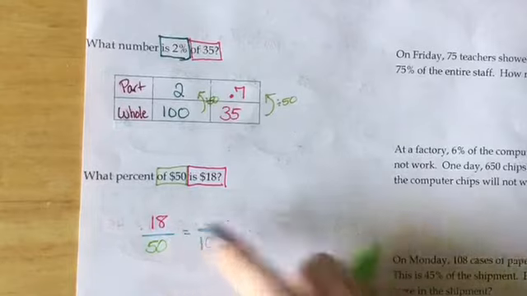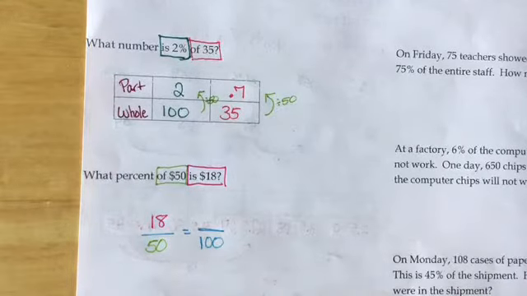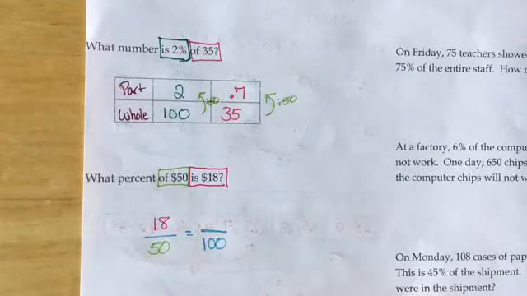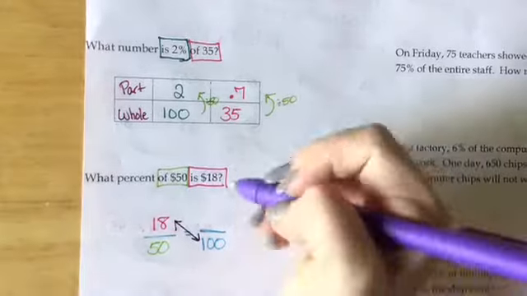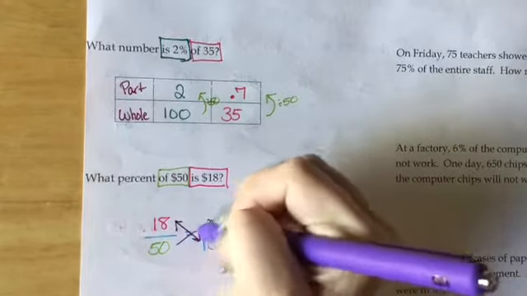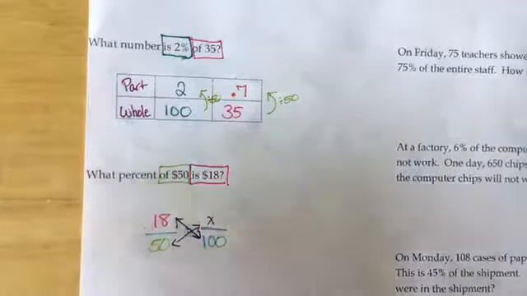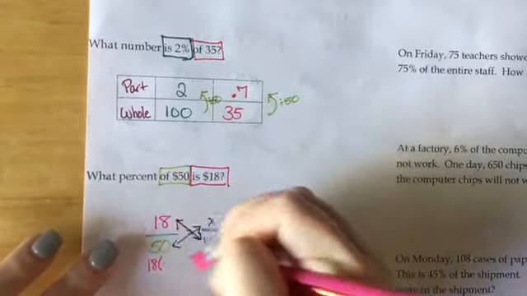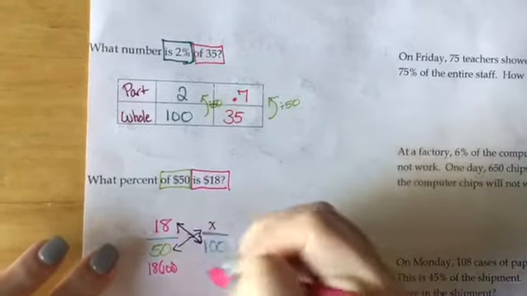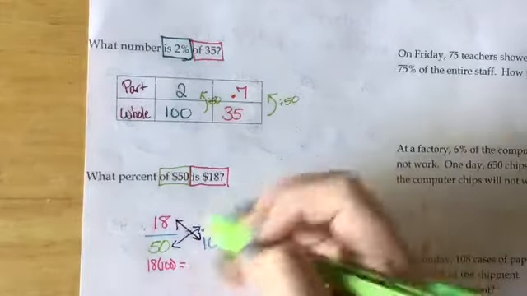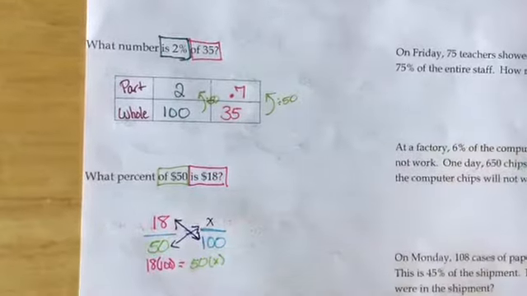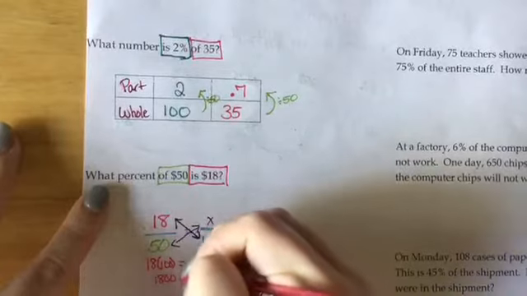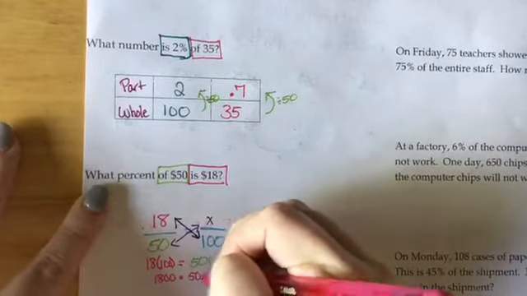I could have done this in the ratio table the same way, but in this one we're going to cross multiply. So I'm going to say 18 times 100, and we're going to use the variable x here, and 50 times x. So 18 times 100 is equal to 50 times x. 18 times 100 should give me 1800, which is equal to still 50x.